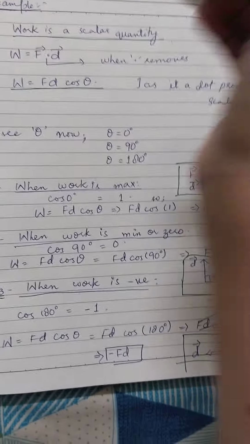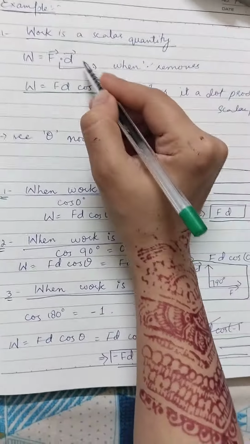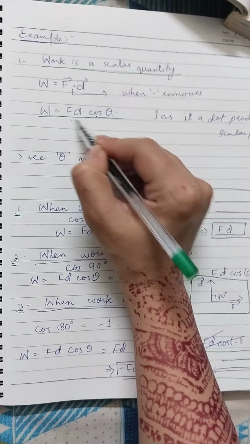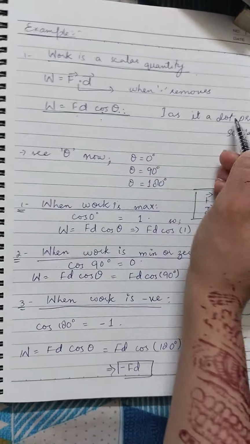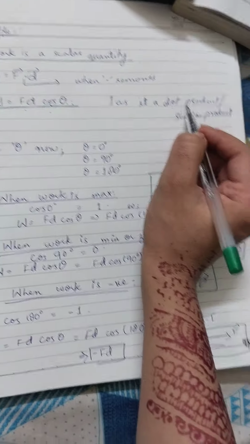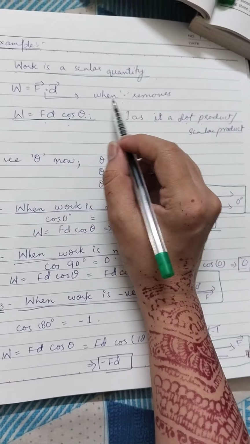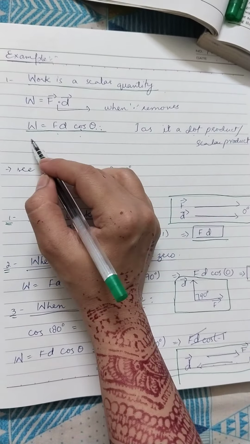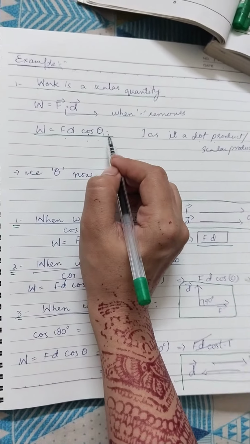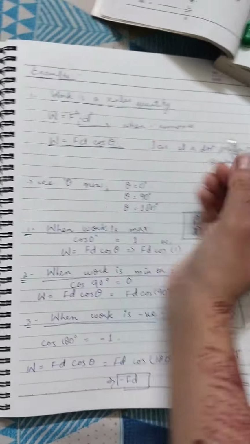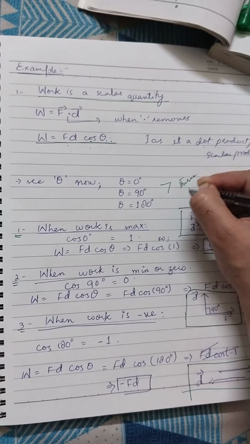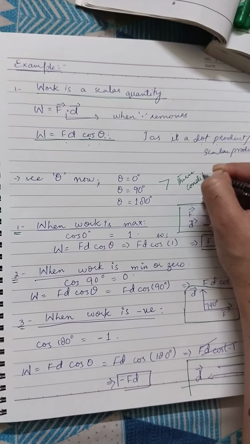Students, when the dot is removed between both of the vectors, there comes a cos theta, that is its formula. As I have just said, since it is a dot product or scalar product, whenever the dot is removed, the mathematical equation looks like this. Now we are coming to the three conditions that we have.